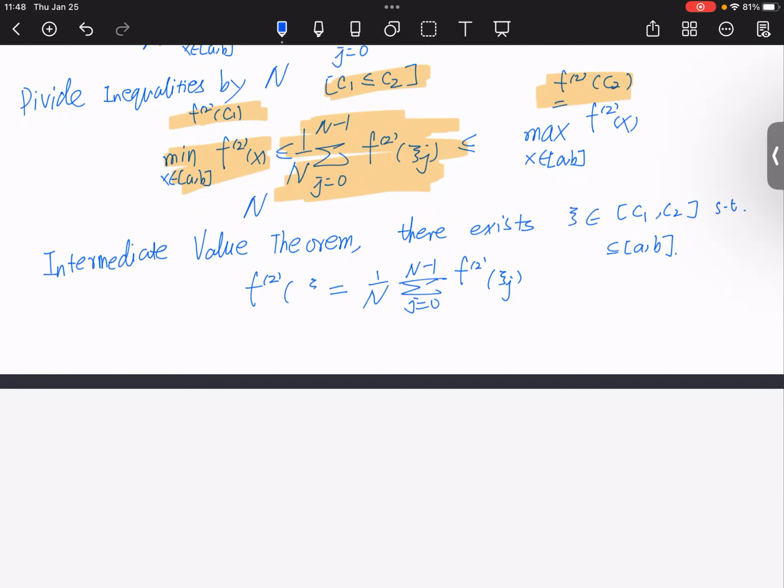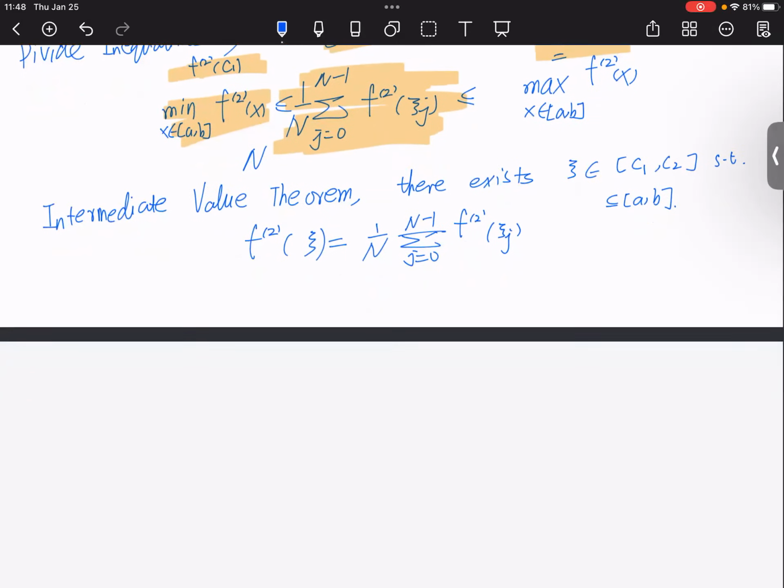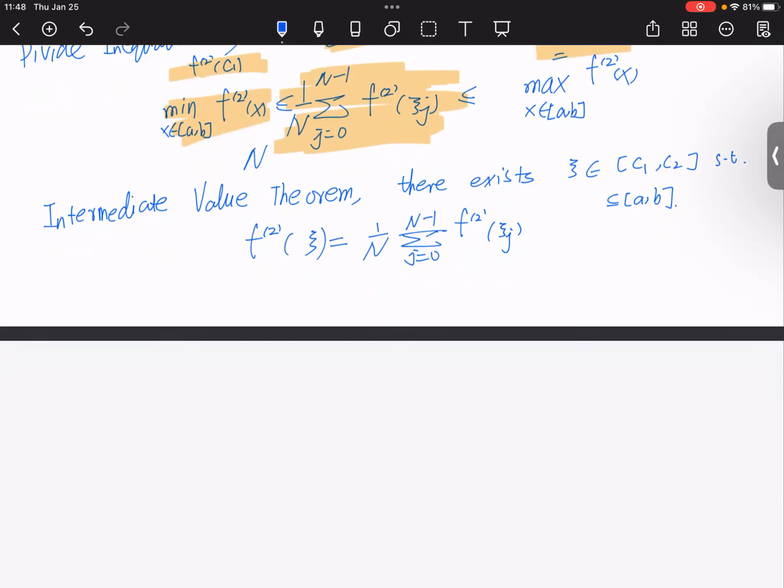So let's change the notation here. We say this is C, so that we can make the symbols more uniform.